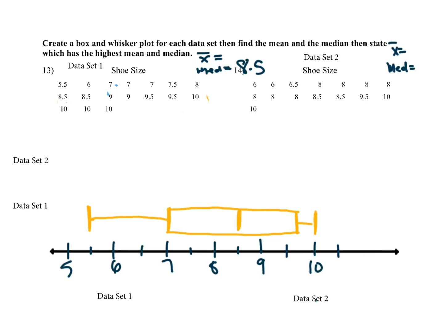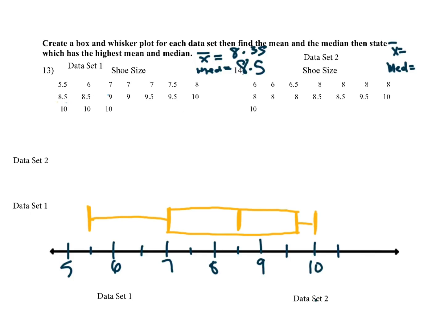You get 142 divided by, I believe there are 17. Yep. We get the mean of 8.35. Now we do the same thing for data set 2.